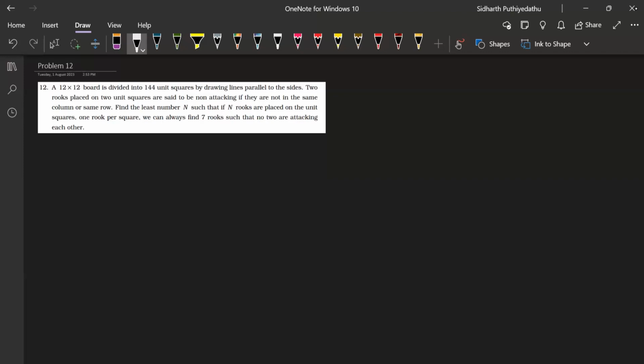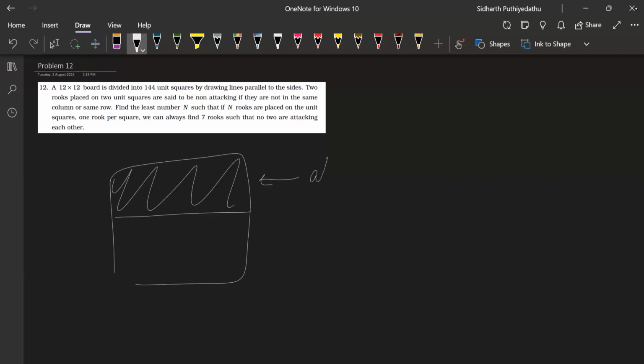Basically we don't want 7 different lines. In general, in any row, you're better off just putting more in there, right? Because you can't choose more than 1 in a row already. So why not just pack it? When you're trying to construct, the natural idea is just to keep filling the rows down. If we fill 6 rows, then there still isn't any problem. So let's think about that.